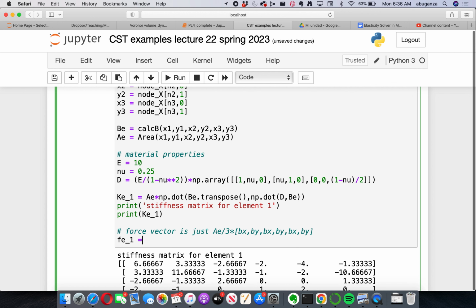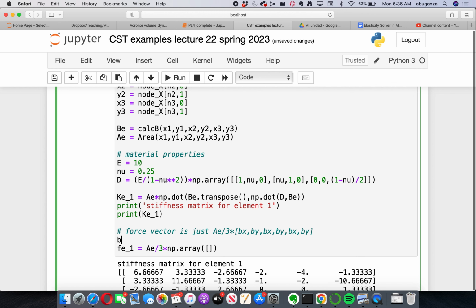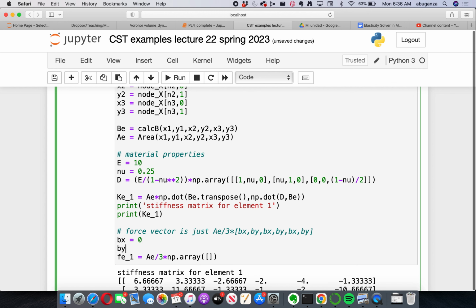So Fe1 is just the area of the element over 3 times the vector. And again, this is just bx by. I'll just put it here. So bx is 0, by is minus 0.1. So bx by, bx by, bx by.